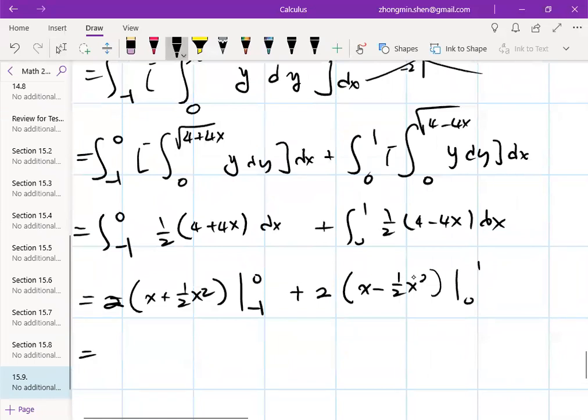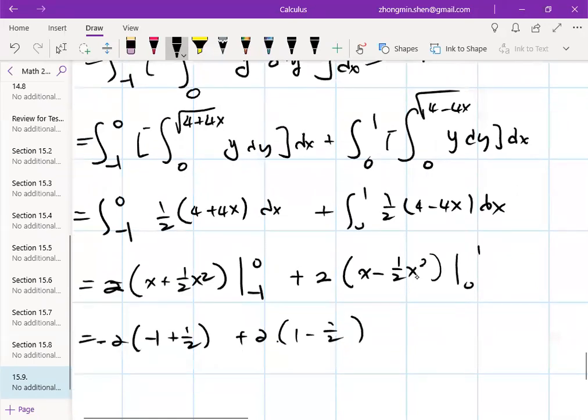You put a negative sign inside, so it's negative 1, and here plus 1/2, and this will be 1 minus 1/2. So just double it: 1/2 times 2 is 1, so the answer is just 2.